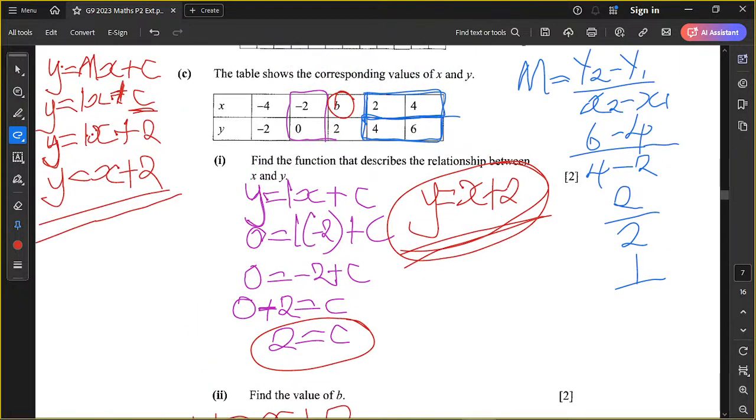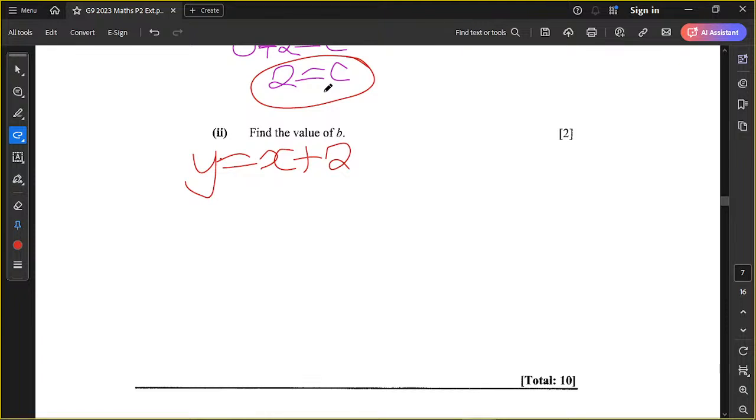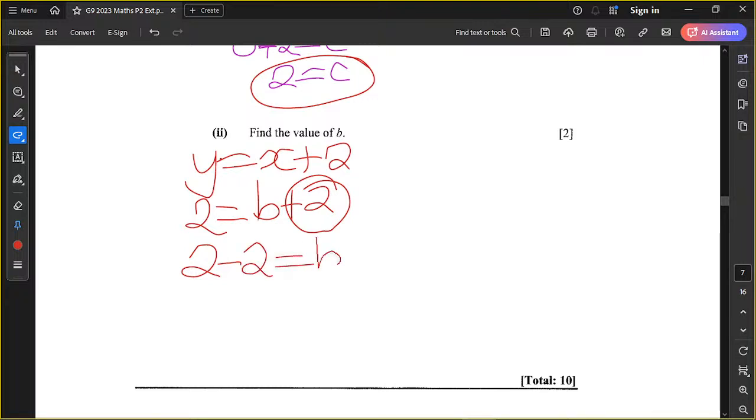Where there is y, we put 2, where there is x, we put b, so that we find the value of b. So 2 is equal to b plus 2, because b is the value of x given. Then we put like terms together. So we have 2, then this 2 crosses the equal sign and becomes -2, which is equal to b.